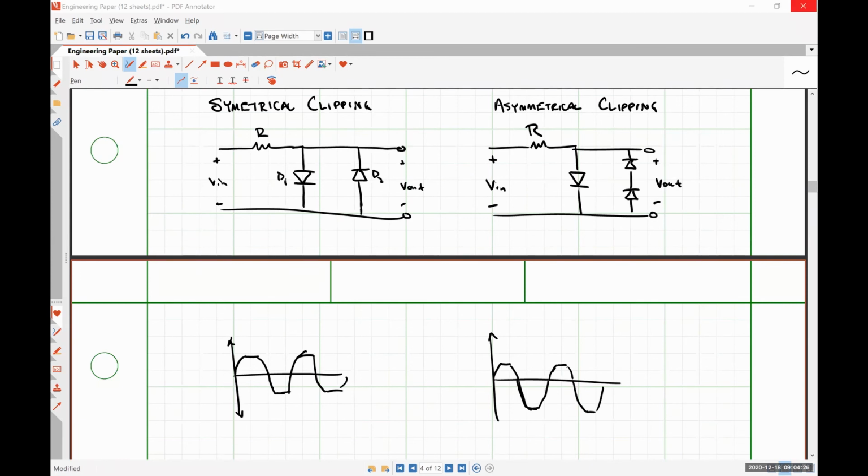Nowhere does it tell us. So my concern here is that we're not told VD on, and we are not told IS. If we were told VD on, then we should be using the constant voltage drop model. If we were told IS, we would be using the exponential model.